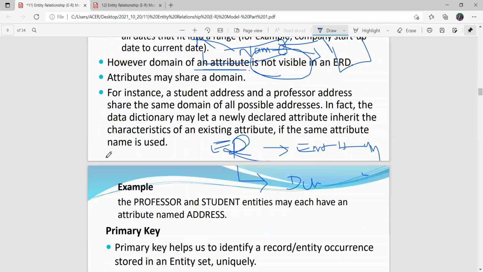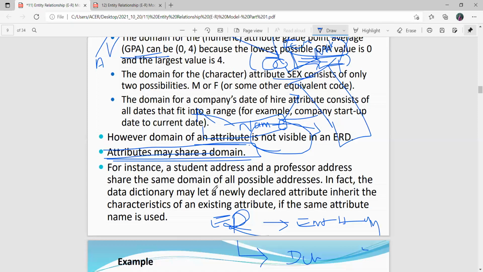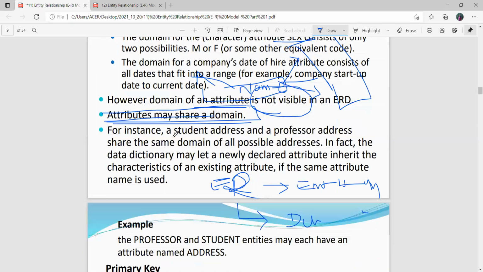When we consider attributes, attributes may share a domain. As an example, a student address and a professor address share the same domain of all possible addresses. In fact, the data dictionary may let a newly declared attribute inherit the characteristics of an existing attribute if the same attribute name is used.